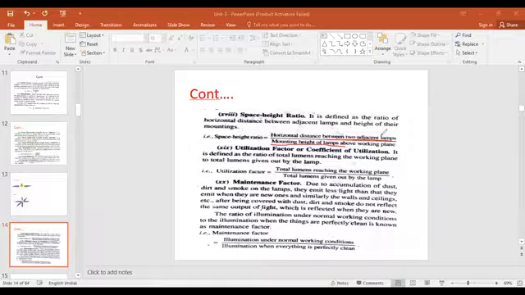Now utilization factor. What is utilization factor or coefficient of utilization? Total lumen reaching the working plane. Now see, if there is a lamp source in our home that emits light, that means it emits lumens falling on the surface.